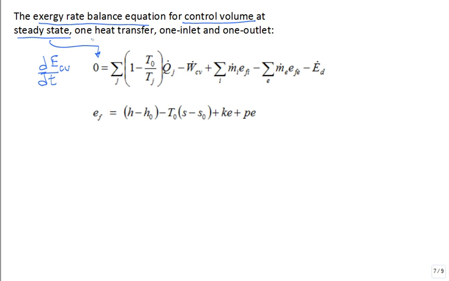Equal to, I know it says one heat transfer here, but they did a summation. So guess what? Multiple heat transfers if you have a summation. Get rid of the summation, and what do you got? One heat transfer, and that rate of heat transfer is bringing with it some amount of exergy.